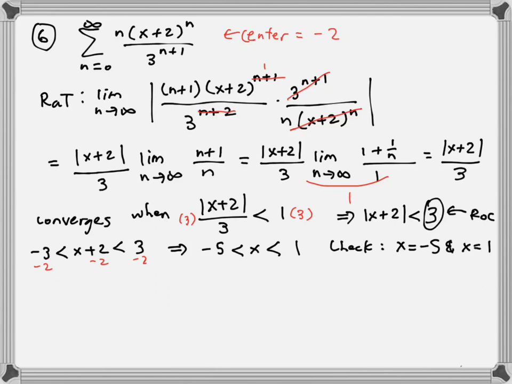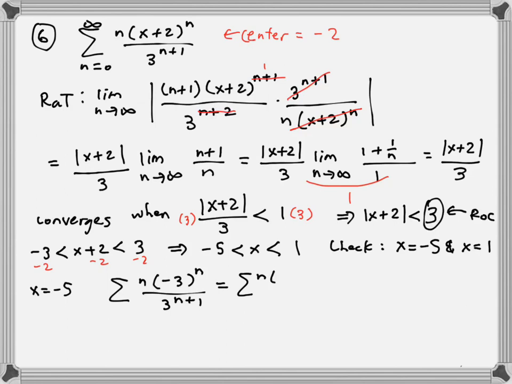So let's start with x equals negative 5. If you plug in a negative 5 into the actual series, we end up with n times negative 5 plus 2 up there, which is just negative 3 to the n, and the bottom is 3 to the n plus 1. Okay, what does this look like?